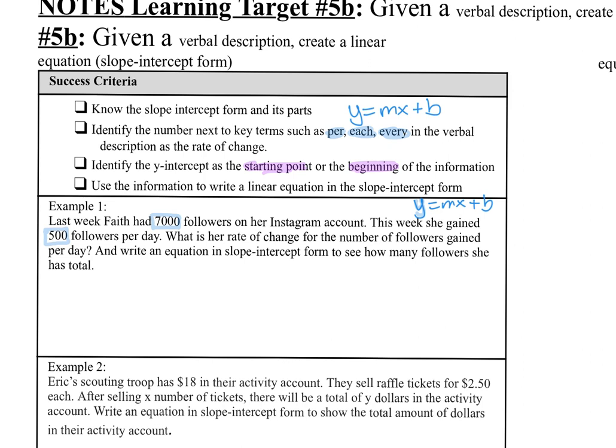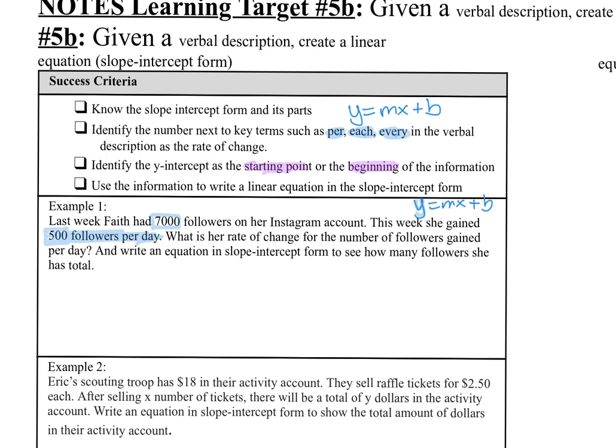It told us that the rate of change was identified by these keywords: per, each, and every. Out of both of those numbers, which one had the word per, each, or every next to it? Yes, you're right. 500 followers per day.